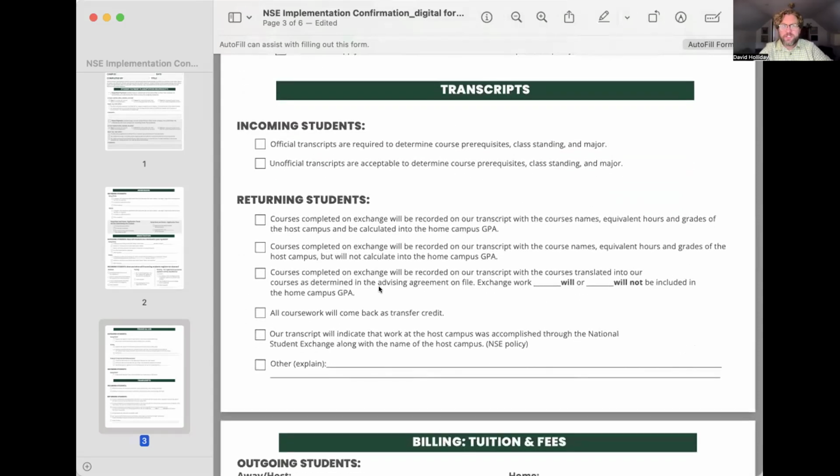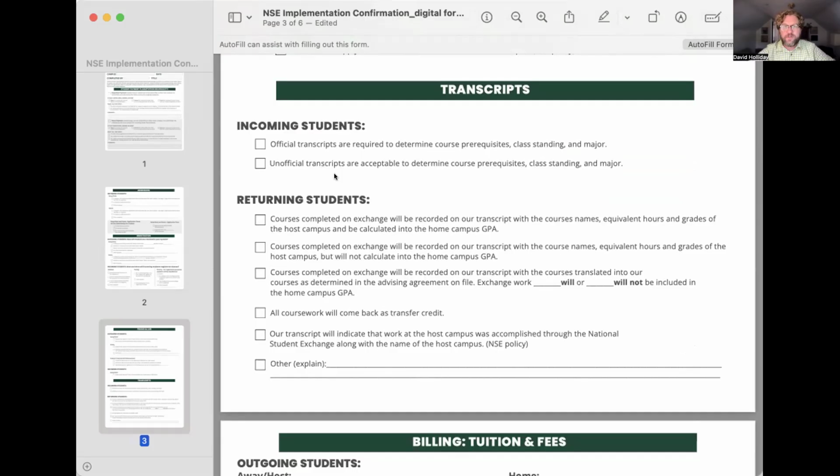Transcripts, pretty self-explanatory. Incoming students usually have to have a transcript sent at the beginning of their exchange or as part of their onboarding process. This is used to determine course prerequisites, class standing, major. We do encourage campuses to allow for unofficial transcripts to be submitted. Of course, those are free, easier for students to obtain.